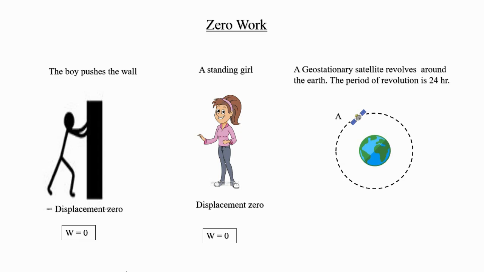A geostationary satellite revolves around the Earth. The period of a revolution is a 24 hours. After 24 hours, the initial and the final position of the satellite is same. Therefore, displacement of the satellite is 0. Hence, work done is 0.